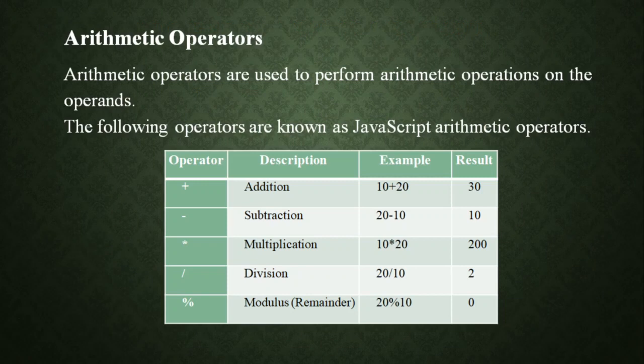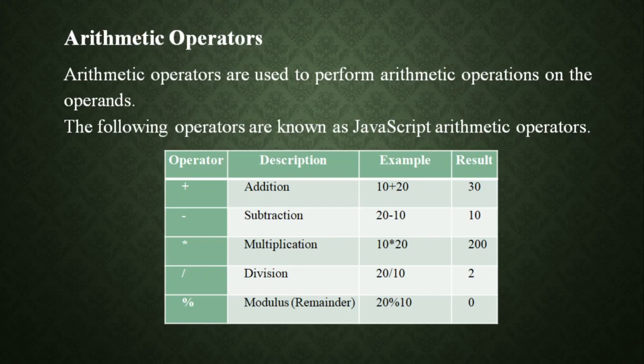There are several types of operators that are used for performing operations like arithmetic operations, assignment operations, comparison operations, logical operations, bitwise operations, all these. Now we will see about the operators. Arithmetic operators.